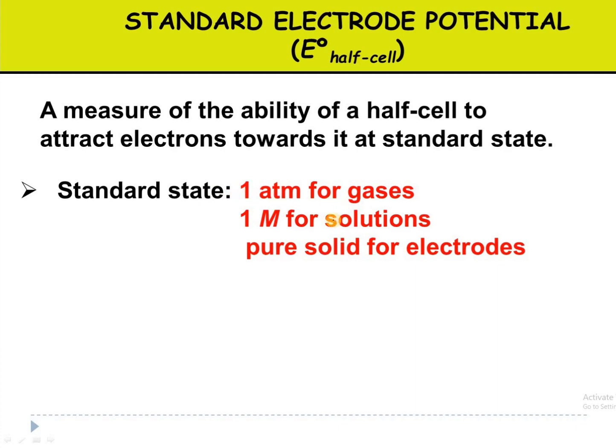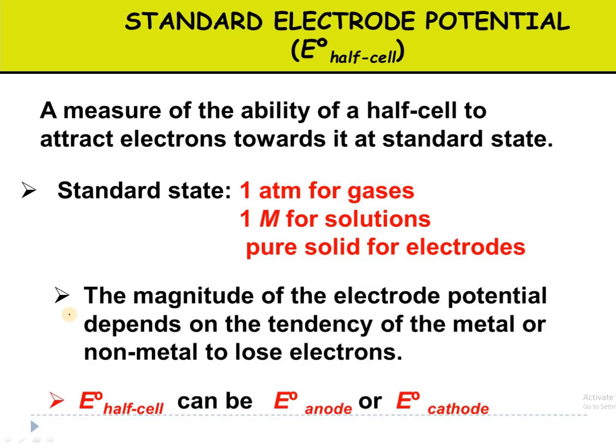For the solution, make sure the concentration is 1 molar, and the electrode must be pure solid. The magnitude of the electrode potential depends on the tendency of the metal or non-metal to lose electrons. So E0 half cell can be E0 anode or E0 cathode.